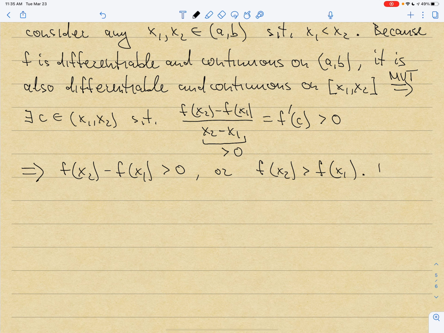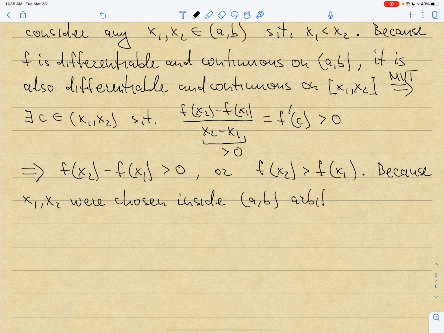And now, because x1 and x2 were chosen inside AB arbitrarily, it follows that my function f is what?